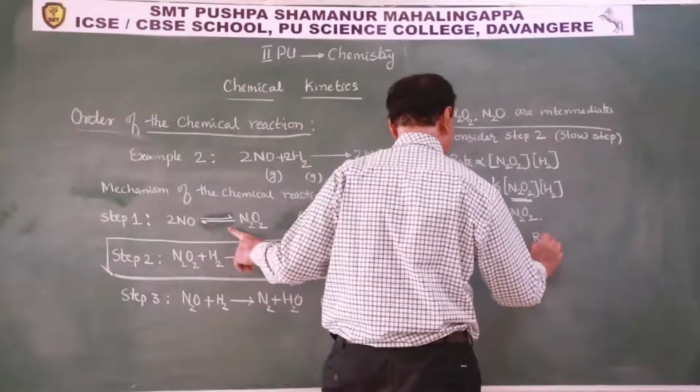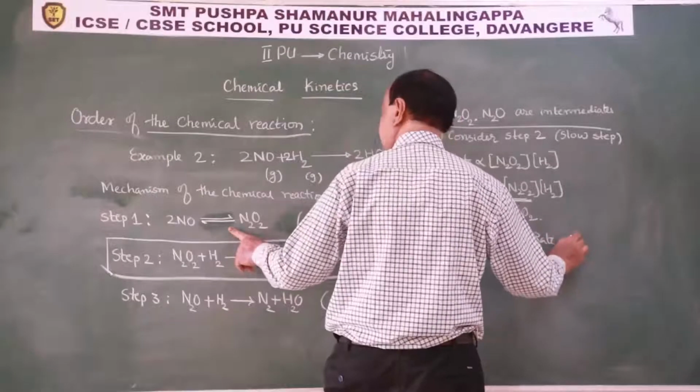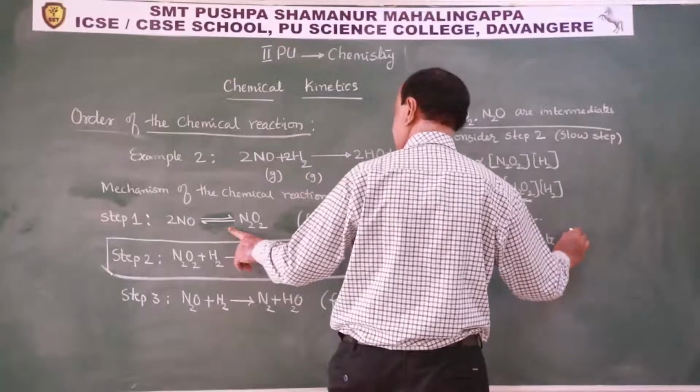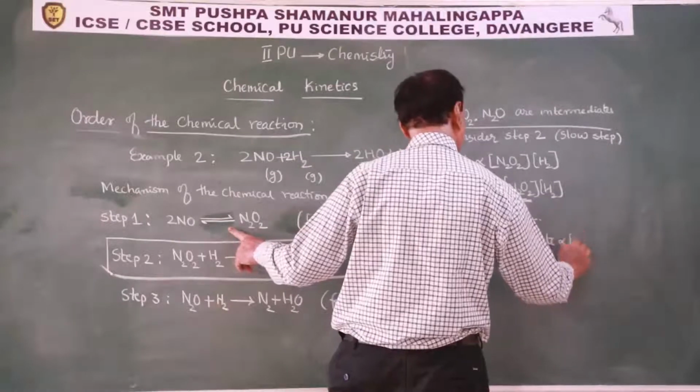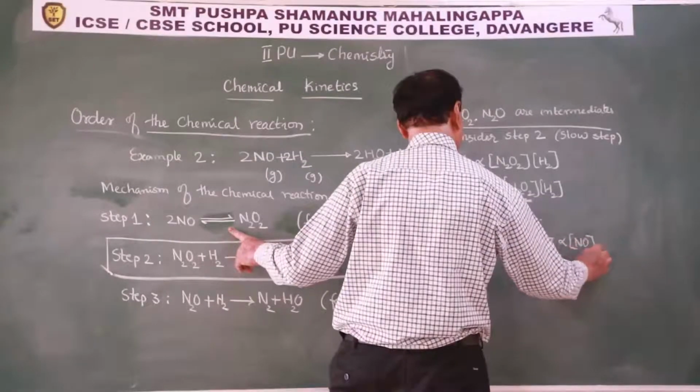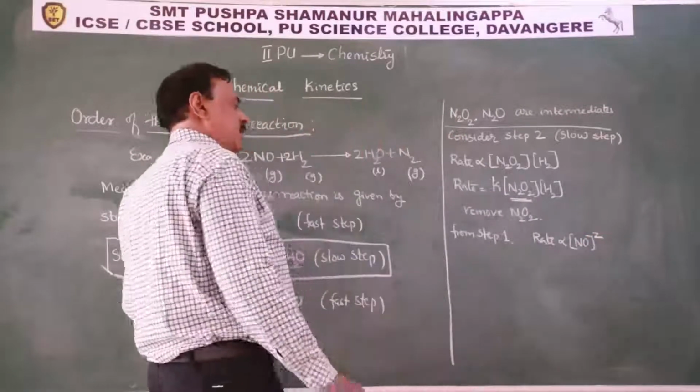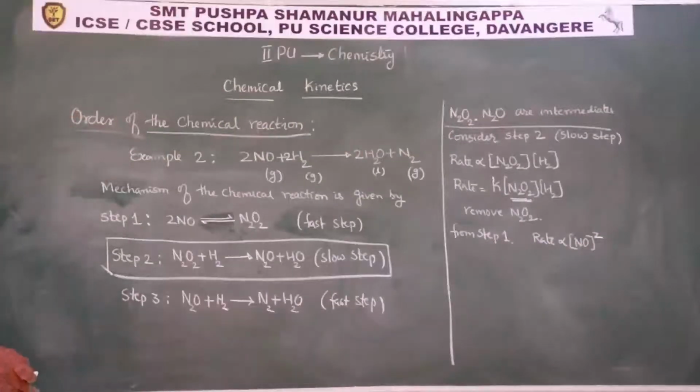Then consider step 1. Rate is directly proportional to NO to the power of 2. How to remove N2O2?